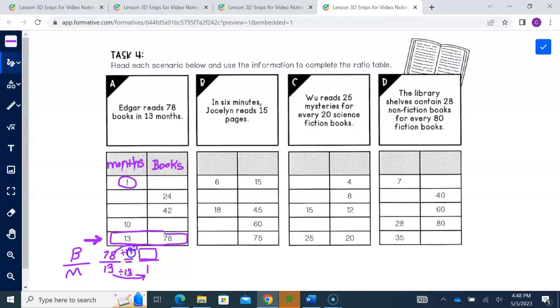We need to scale both of them down. And 13 goes into 78 6 times. So his unit rate, remember when we have a 1 in the bottom, that's the unit rate, is 6 books each month that passes. So 6 books in a month.